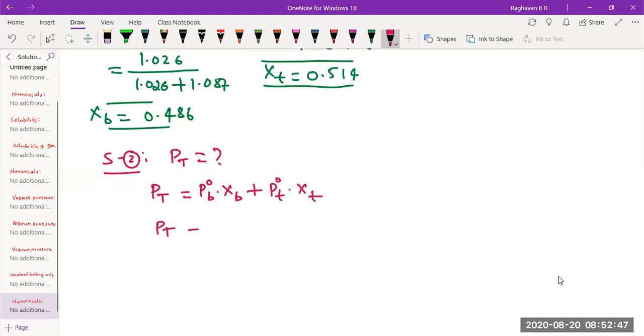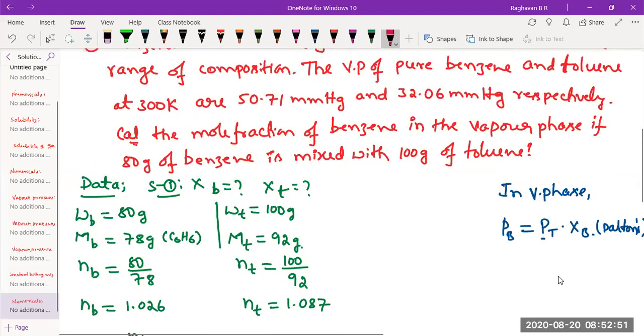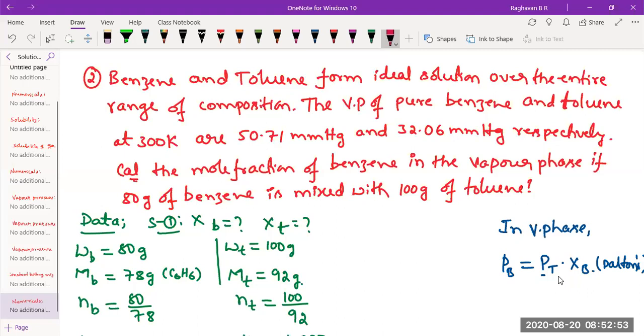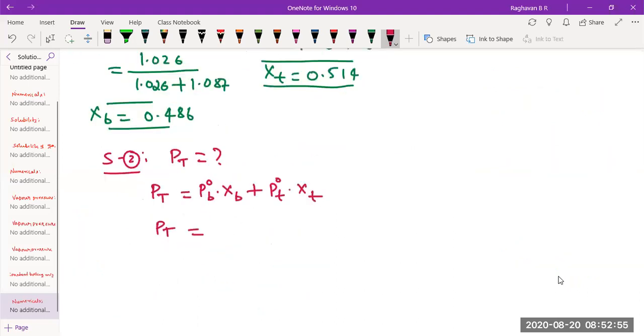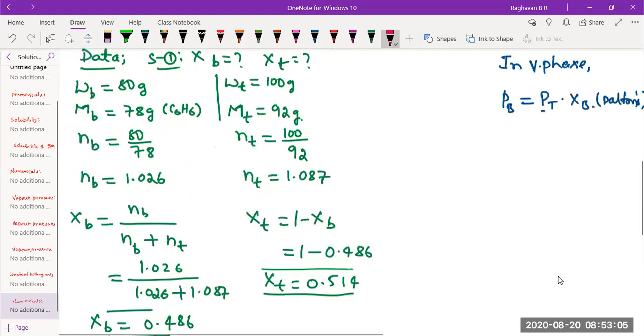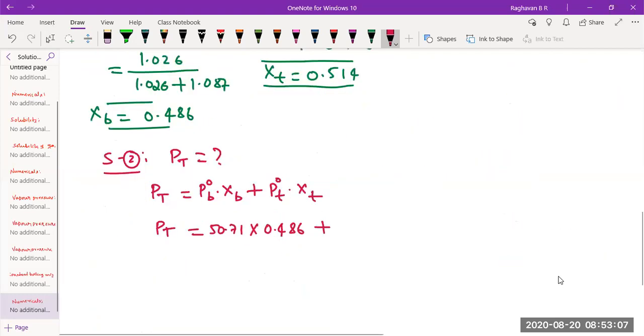So PT is equal to, they have given benzene and toluene, 50.71 into 0.486 plus 32.06 into 0.514. Anybody?